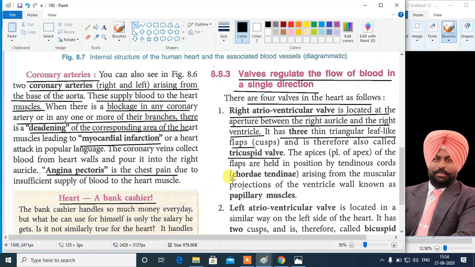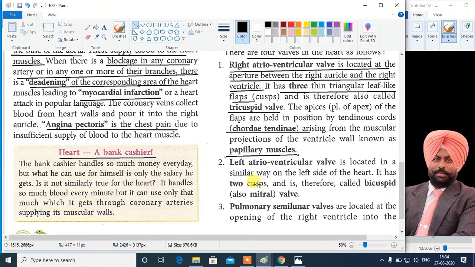Moving on further, let's discuss the second valve, called the left atrioventricular valve. This has two cusps or flaps, and therefore it is called bicuspid valve. It is also known as mitral valve. Let's see in the diagram.